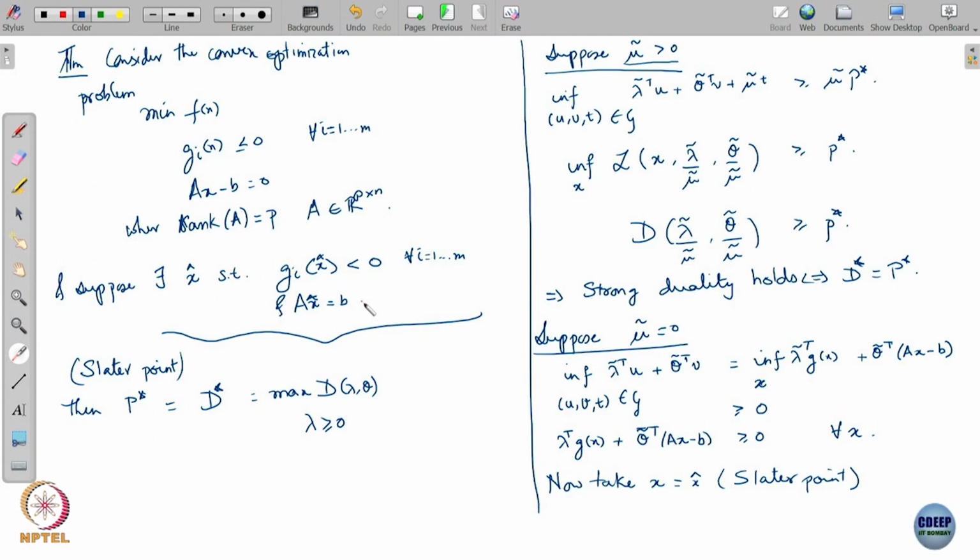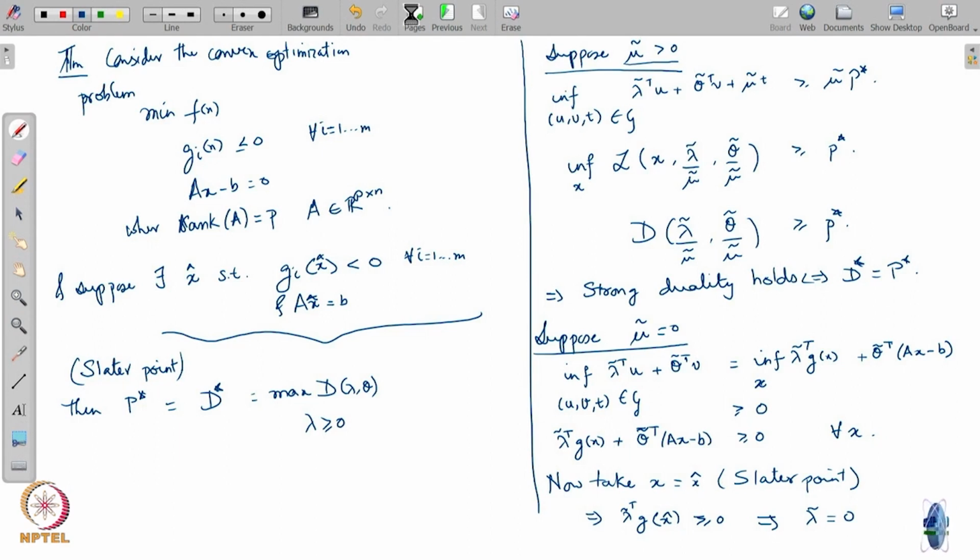So, if gi of x hat is strictly negative and Ax hat is equal to b, that would give me lambda tilde g of x hat greater than or equal to 0, and the only way that is possible is that lambda tilde is equal to 0. So, not only is mu tilde equal to 0, I have now also got lambda tilde equal to 0.